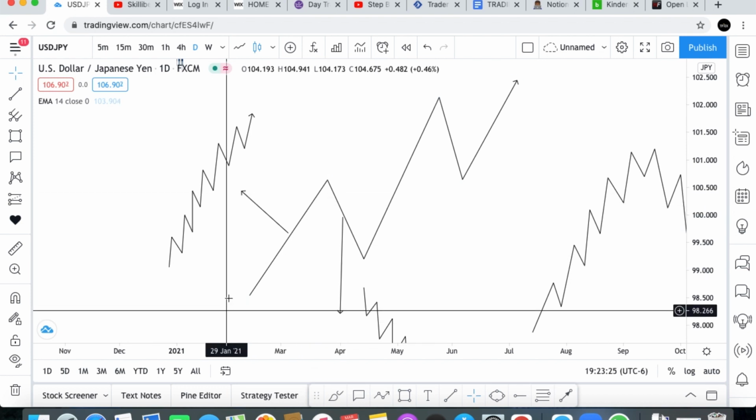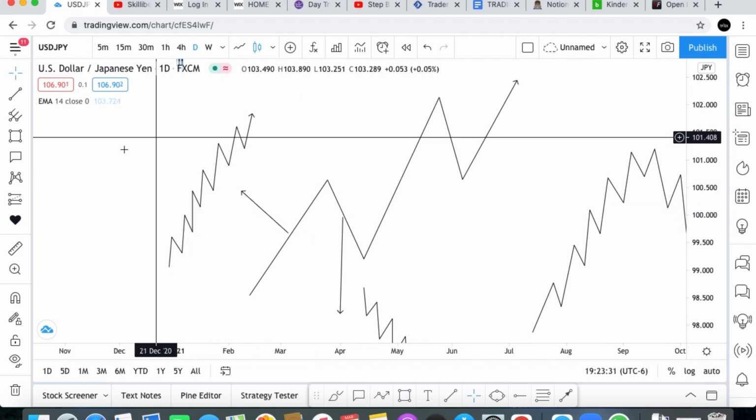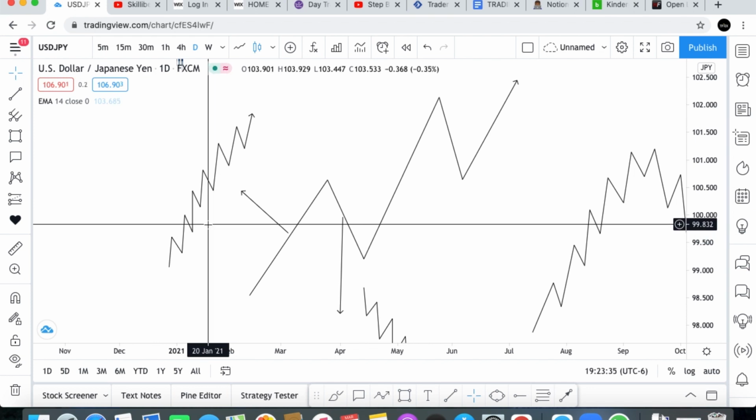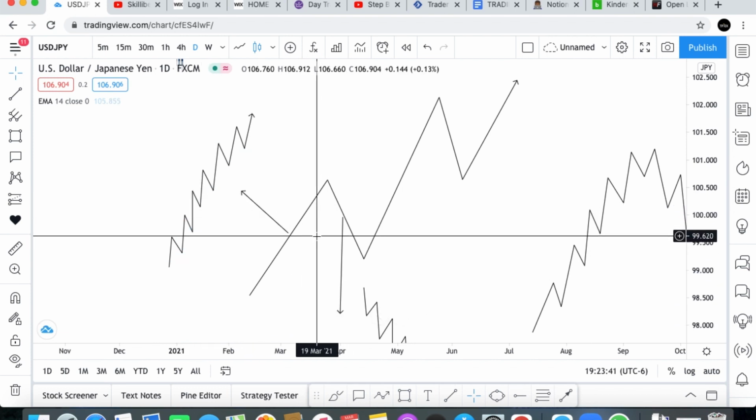But if you scale down to a lower time frame, you're going to see more candles.